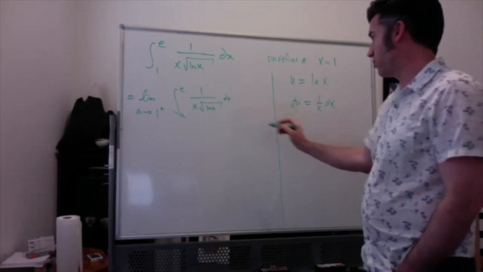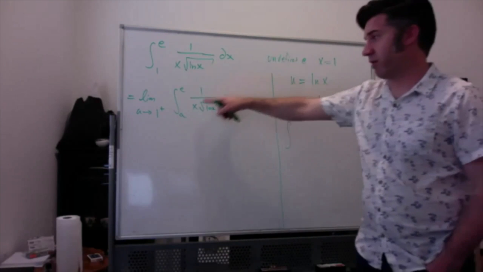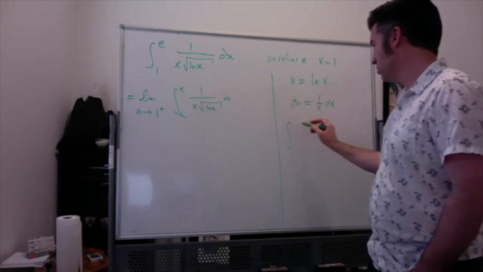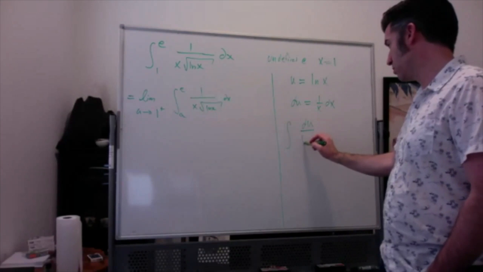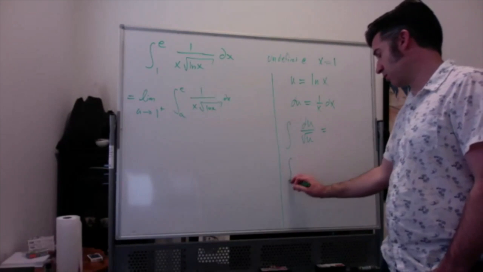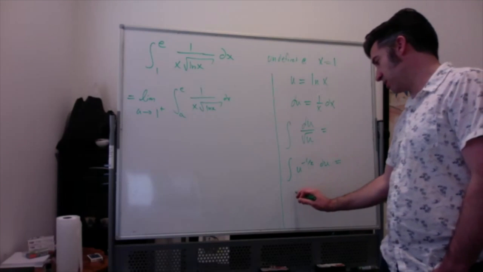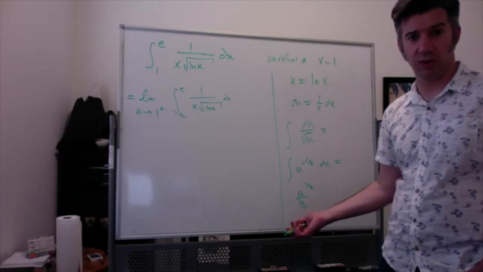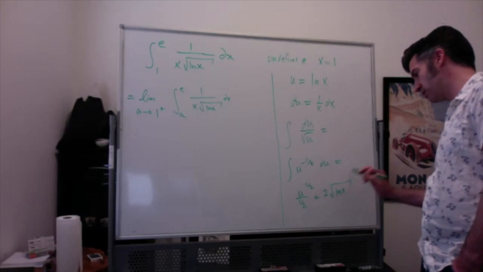So instead of integrating 1 over x root natural log of x dx, my 1 over x dx becomes du, and my square root of natural log of x becomes the square root of u. So this is going to be the integral of u to the negative 1/2 du, which is u to the 1/2 over 1/2, which is just 2 square roots of u, or 2 square roots of natural log of x.